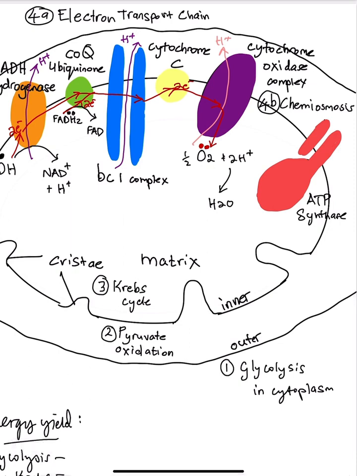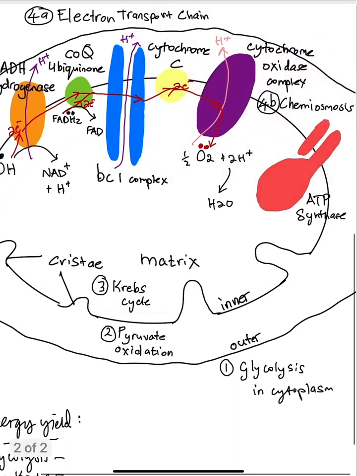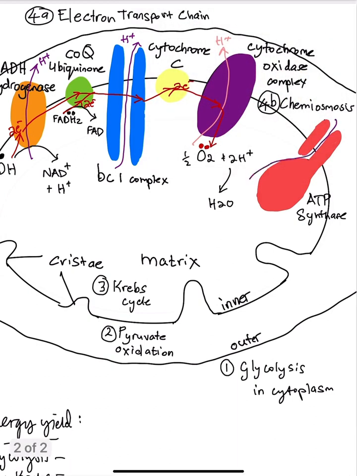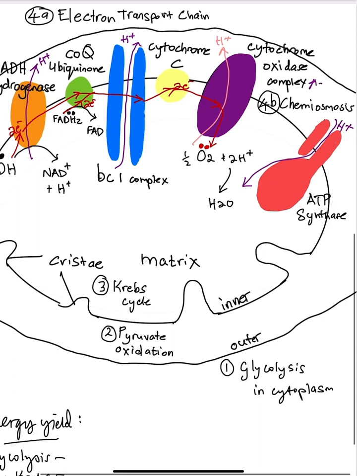Chemiosmosis will follow after this as the hydrogen ions are pumped through the ATP synthase enzyme. We had a high concentration of hydrogen ions here in the intermembrane space because remember, every time a hydrogen was pumped through these complexes, they stayed in the intermembrane space and accumulated over there.